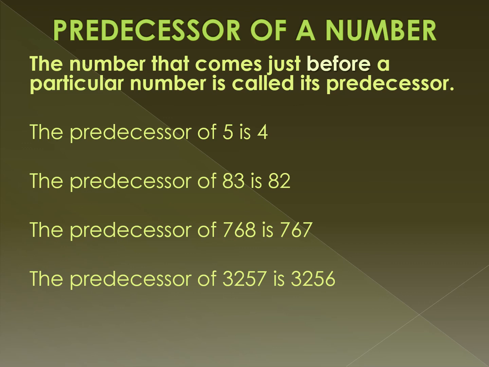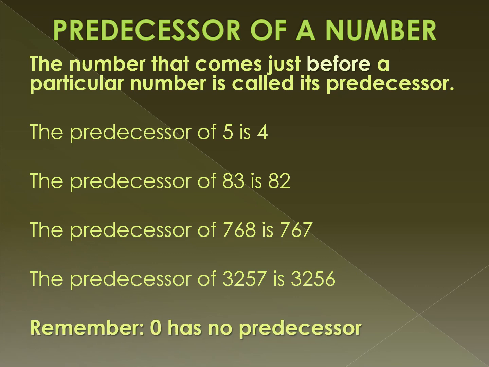Now let me ask you a question. What is the predecessor of the number 0? Can you think about it? What is the predecessor of 0? So some of you must have guessed it right. That's right. 0 has no predecessor because we do not have any number before 0.